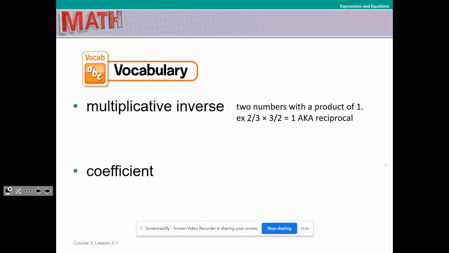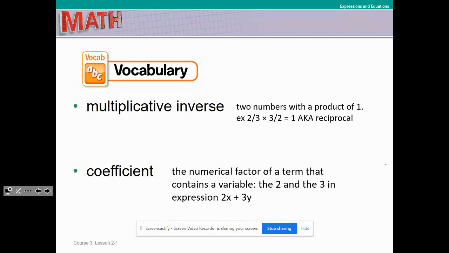We've got the coefficient next. We just talked about it, so it shouldn't be a surprise. The numerical factor of a term that contains a variable. You see how this is a term and this is a term. Terms are separated by addition and subtraction signs.